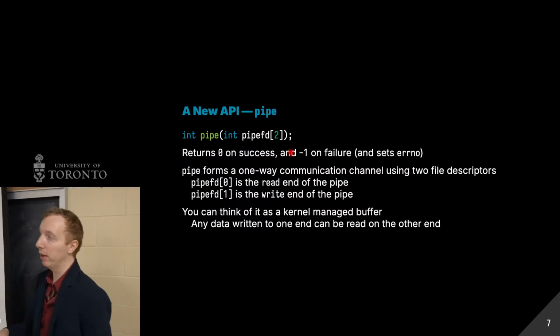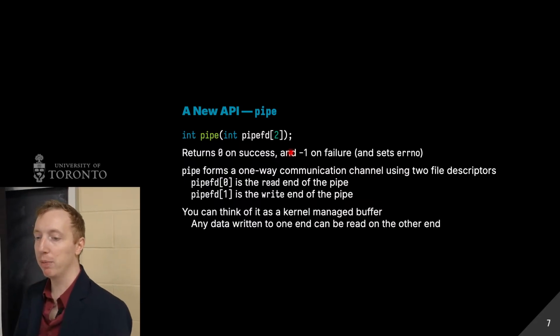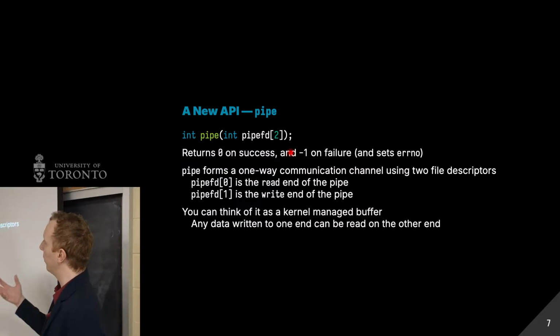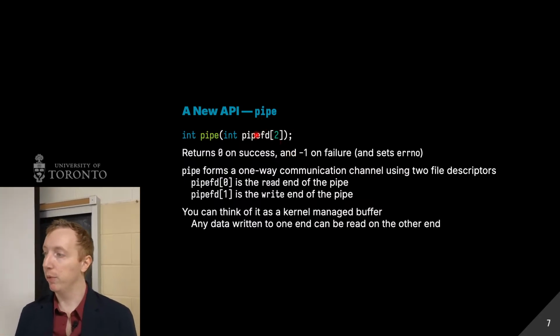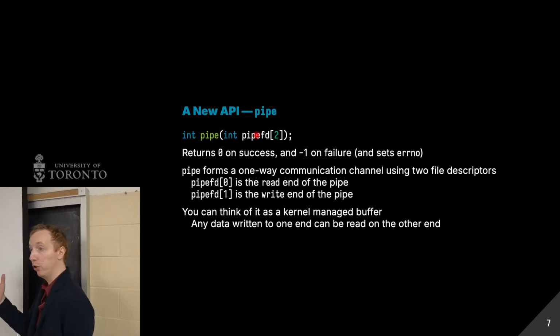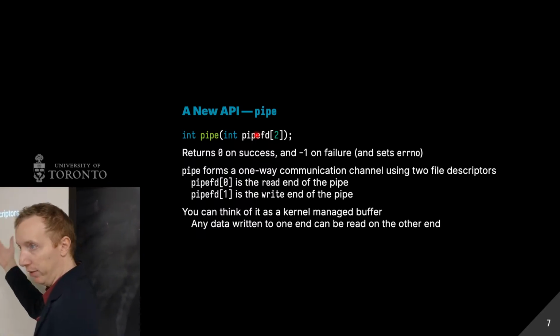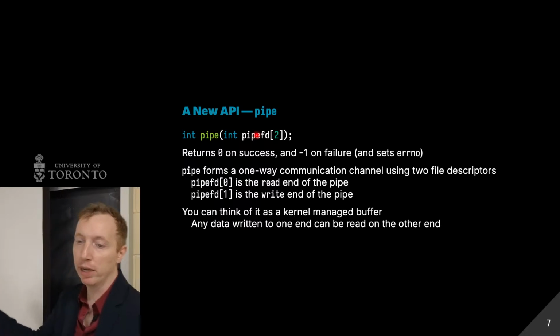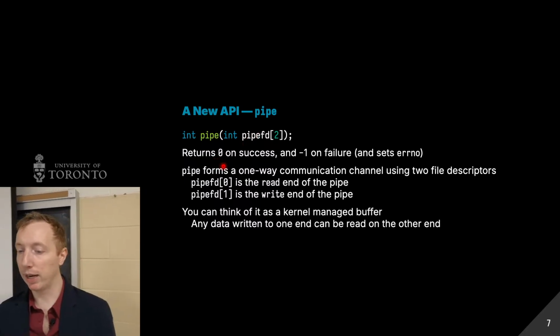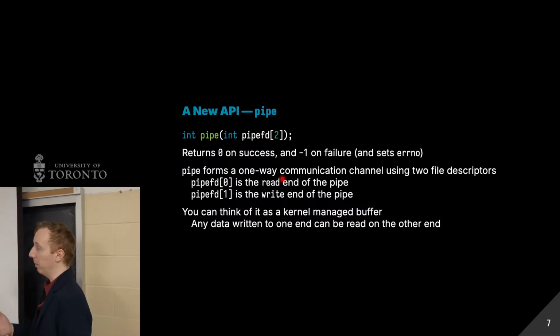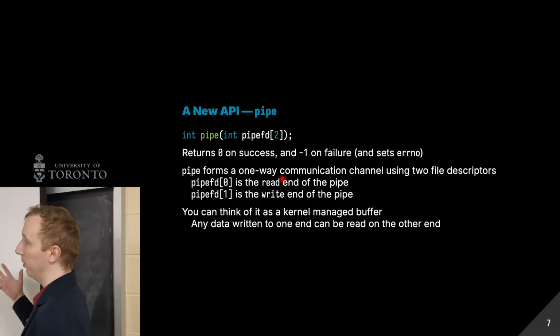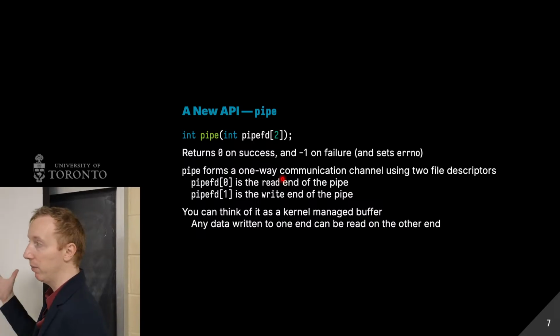And what pipe does is it will form a one-way communication channel using 2 file descriptors. So this array of 2 ints, it will assign 2 integers, one at index 0, one at index 1. And the file descriptor set at index 0 is going to be the read end of the pipe. So I am allowed to do read system calls using that file descriptor to get information out of the pipe.